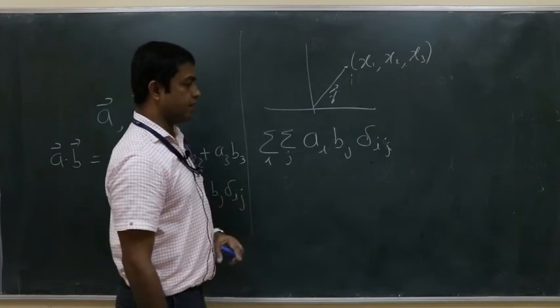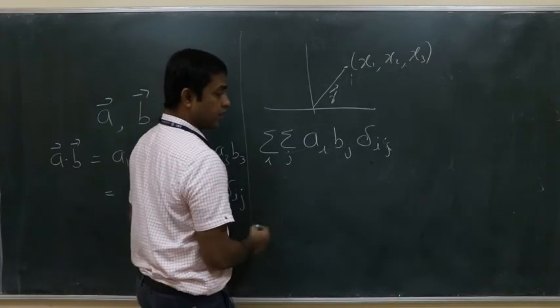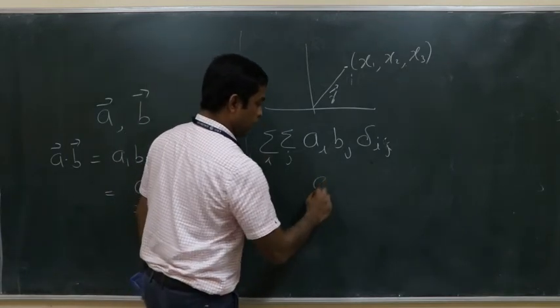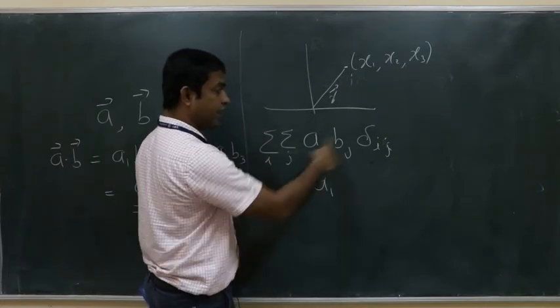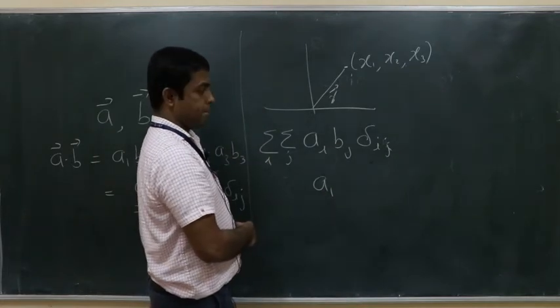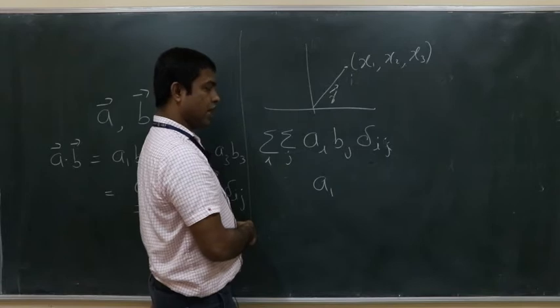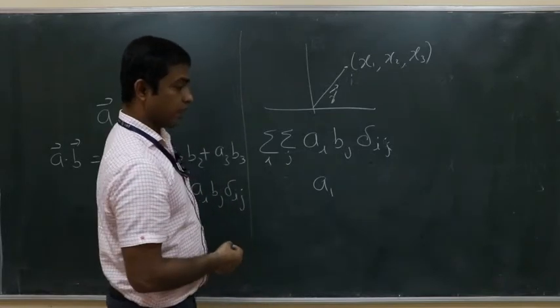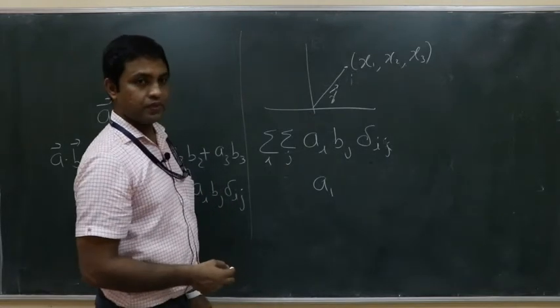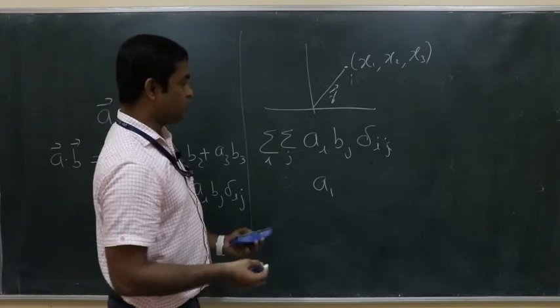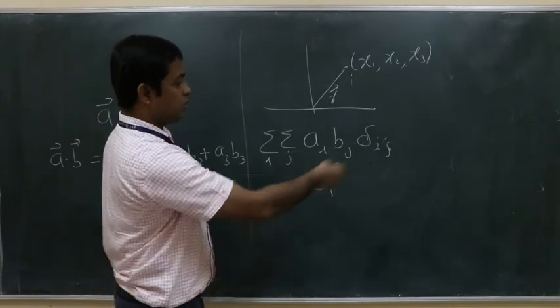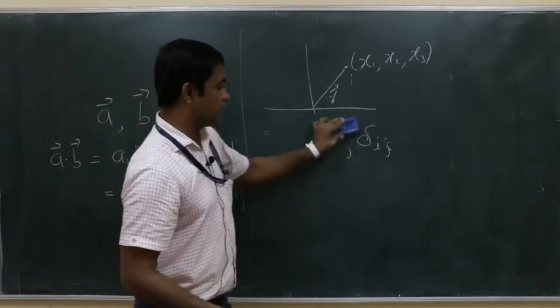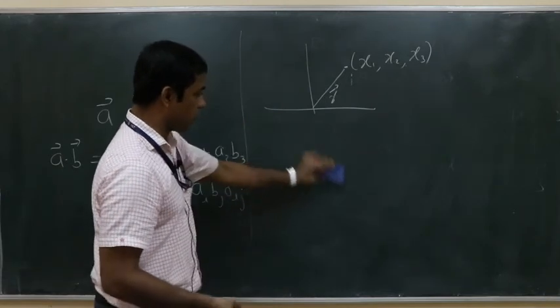Now we are just looking at 3 dimensions. So what is this basically equal to? How many terms will there be? There will be 9 terms. Instead of writing 9 terms, I will give an example with a smaller one.